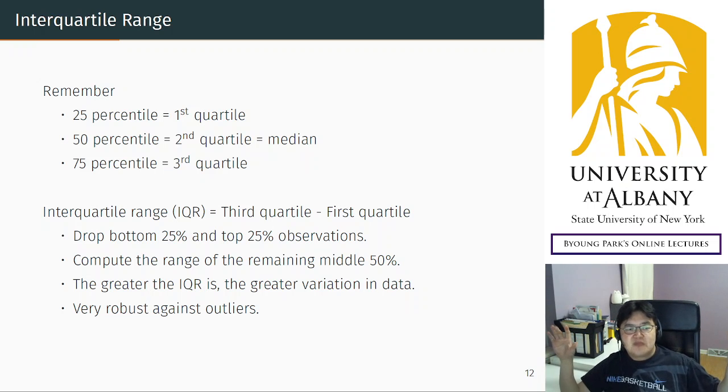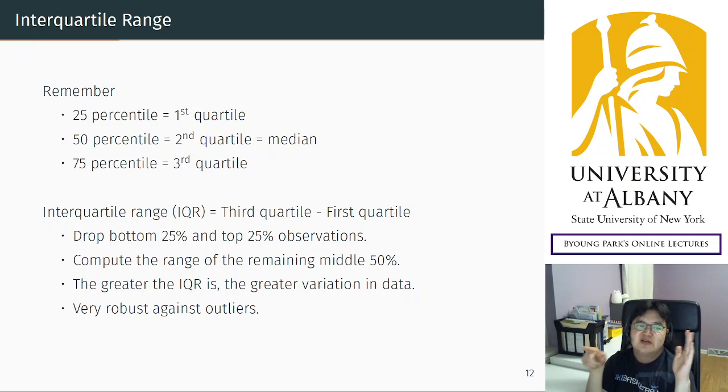If you drop bottom 25% and top 25%, then there will be no outliers, right? If so, you cannot say there are outliers more than 50%. I dropped 50% of observations, and if outliers are rare events, all the outliers will be gone. And now I'm going to use the middle 50% of observations and recalculate the range.